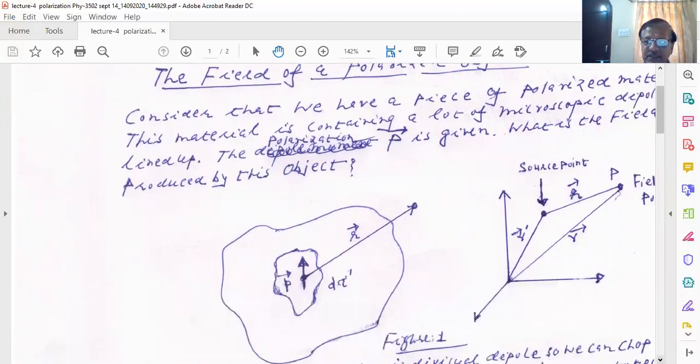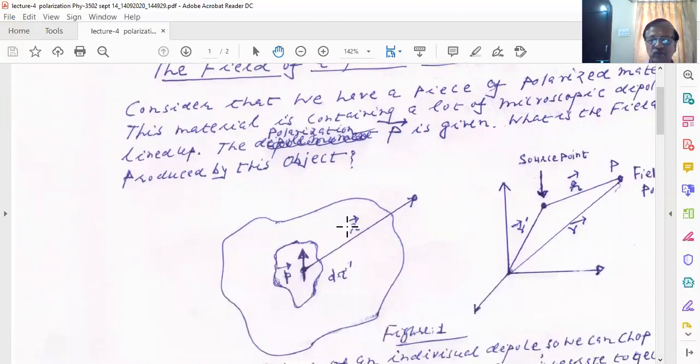So let us consider figure number 1, where you have a polarized object consisting of a large number of dipoles. Here I have marked a small volume element of the polarized object.